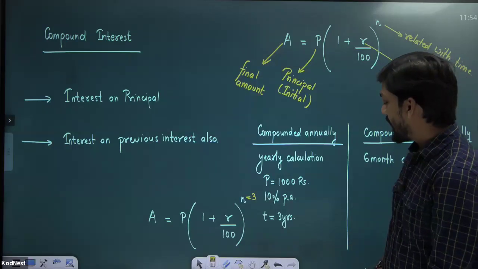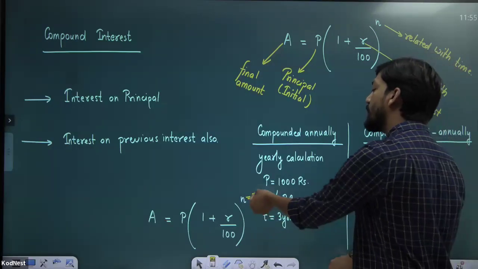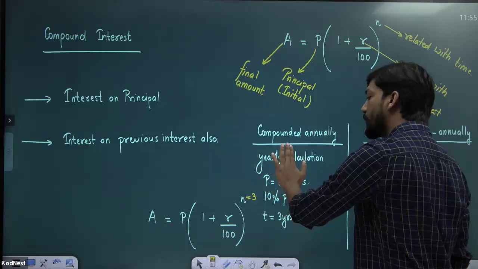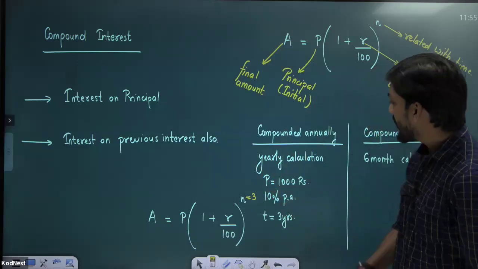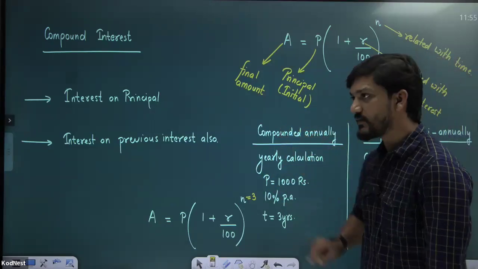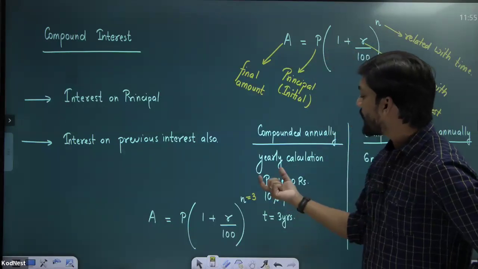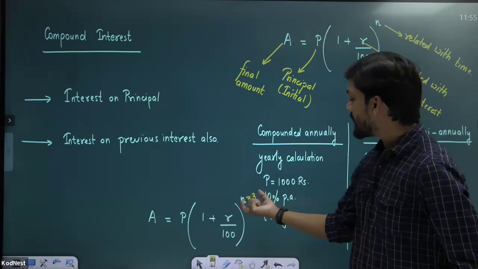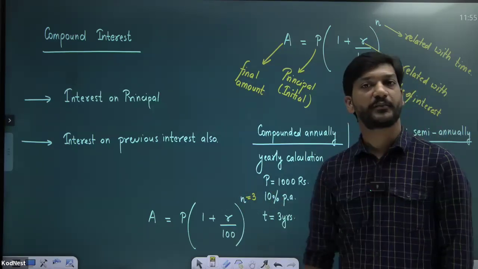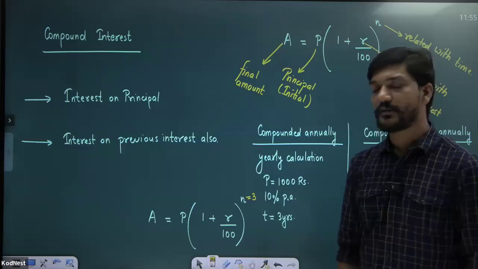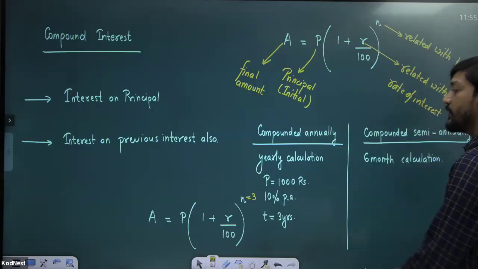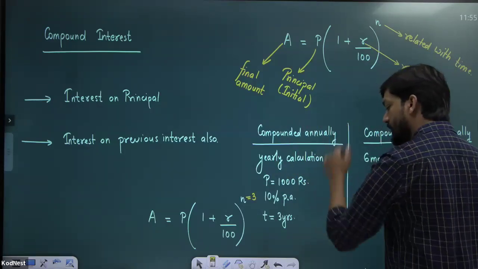So that's why we say n actually is the number of 1 year periods. Here we have to calculate on yearly basis. So one period is 1 year. So how many periods of 1 year are present in 3 years? 3 periods are there. So that's why n value is 3. All right. We have to calculate on yearly basis.